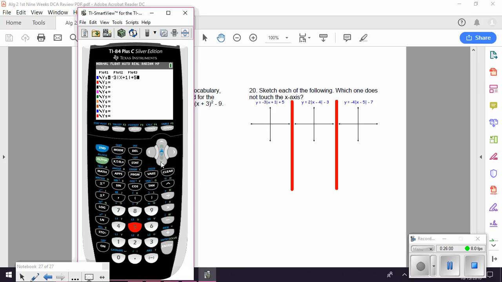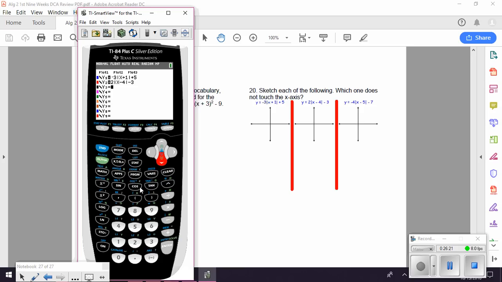Okay, and then go to y2, put 2 absolute value (x minus 4) minus 3.